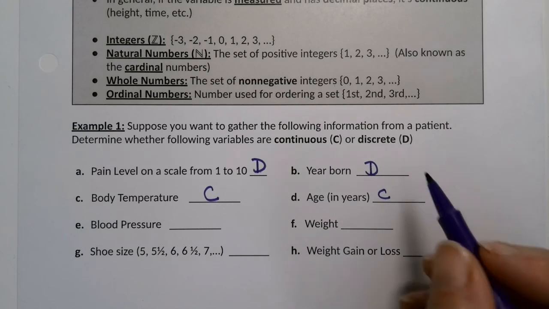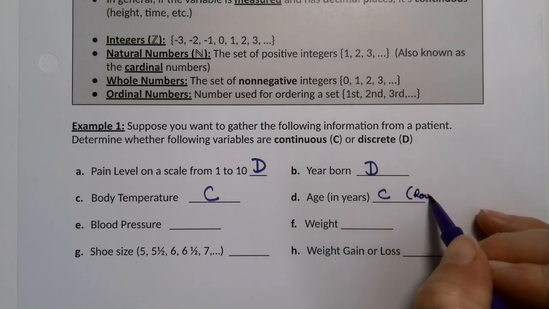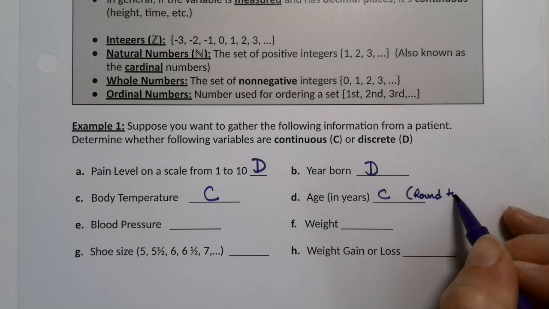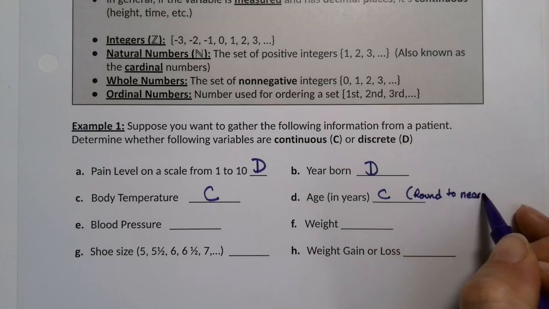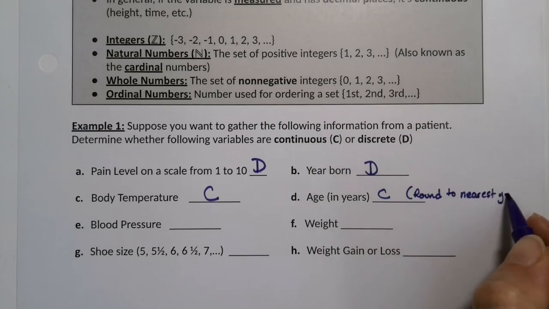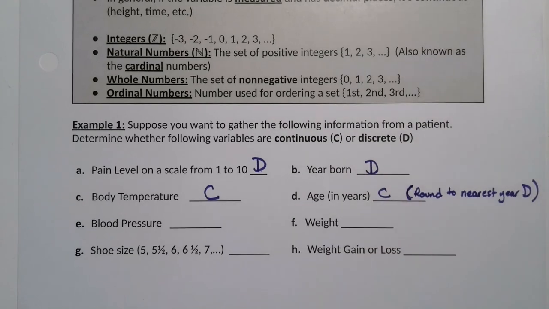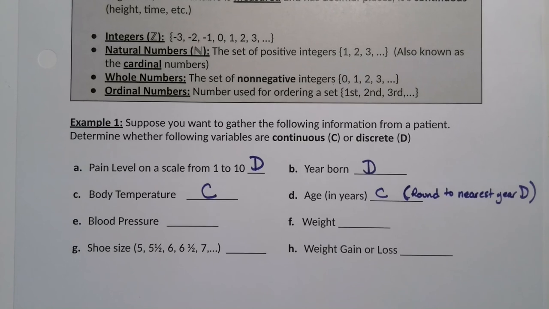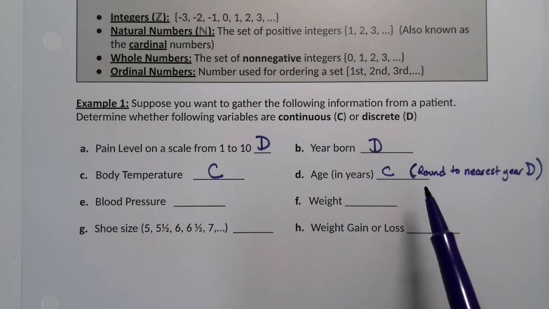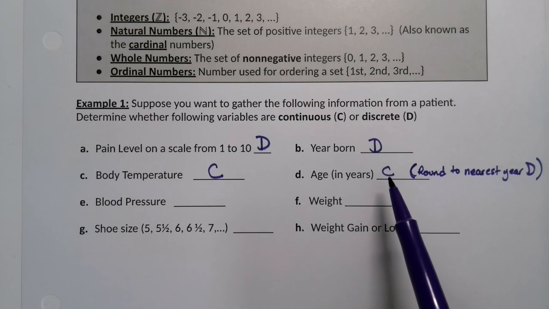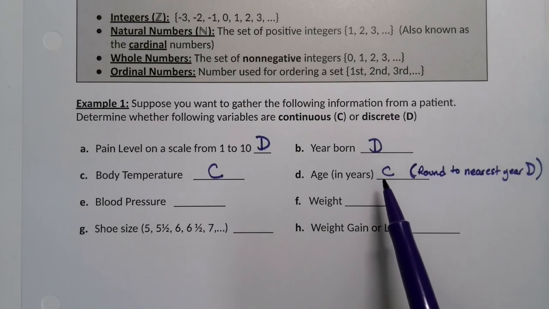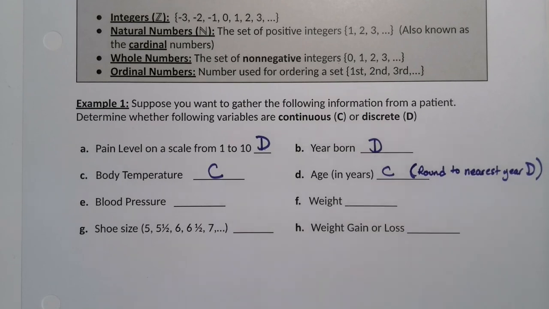However, when we round it to the nearest year, which we often do, that would be discrete. So you don't tell people, I'm 20 years and 5 months and 3 days and 4 minutes and 6 seconds. Nobody does that. Well, actually, they do that for babies. But when you become an adult, they don't bother anymore. But it's actually continuous. But when you round it, then you're making it discrete.